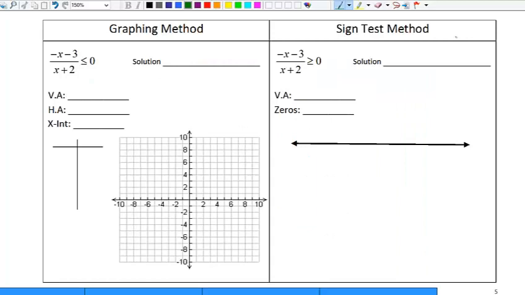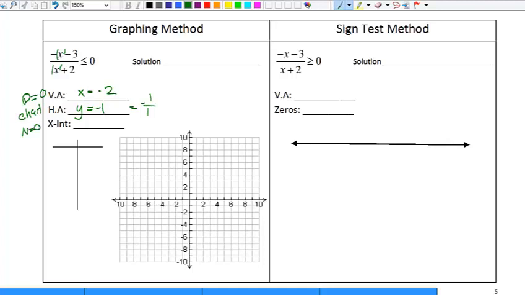For our next problem, for the graphing method, to find the vertical asymptote, I set the denominator equal to 0, so that gets me x is -2. For the horizontal asymptote, I do the chart comparing the degrees. The degrees are the same, so then I take the leading coefficient -1 over the leading coefficient 1, which gets me reduced to -1.